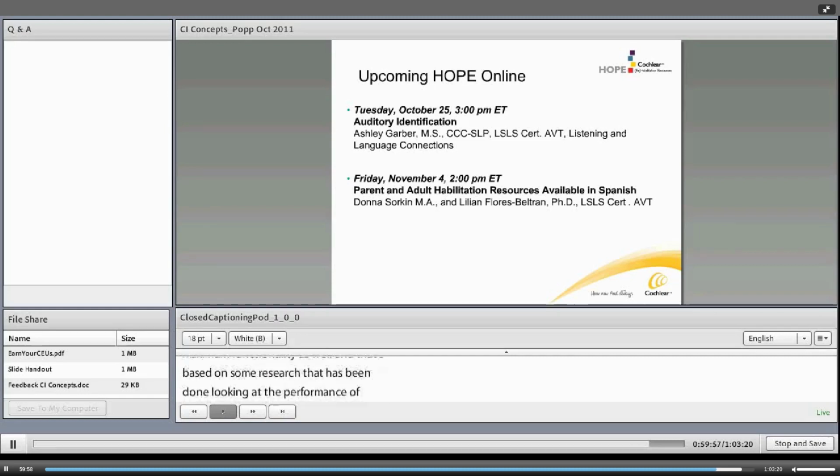And so that will enable the dynamic component of the FM system to work to its maximum functionality, along with the processor working to its maximum functionality as well. And that's based on some research that has been done looking at the performance of individuals using dynamic FM, both with and without those options enabled.